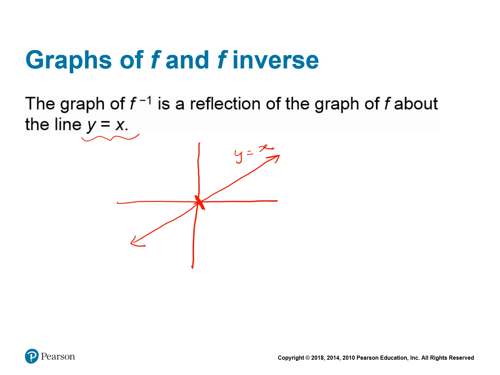About this line means if there is a point over here, its reflection across the y equals x line will be somewhere here. So that's what graphs of f and inverse of f will look like. We will go through an example in the next slide.